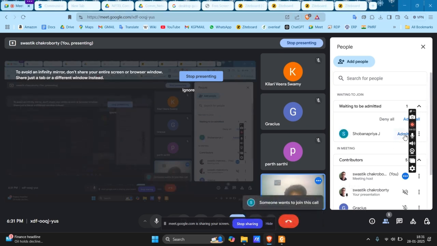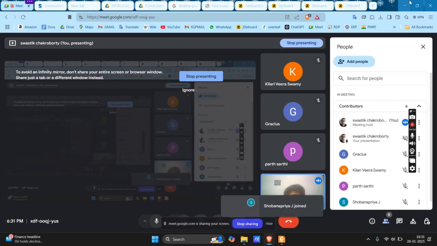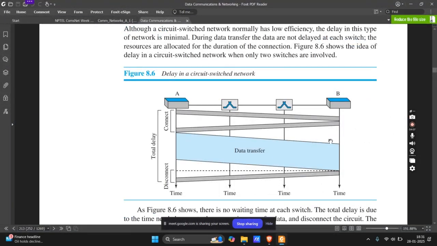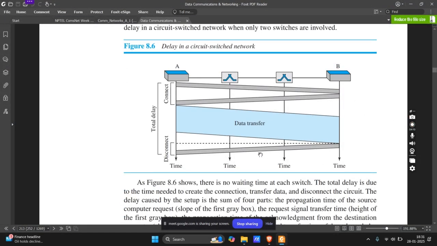Okay. So that's why the delay for circuit switching is pretty low. First we have the setup phase where all the channels are getting allocated. This is the connect time, one part of the delay.